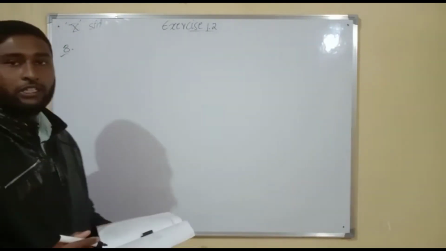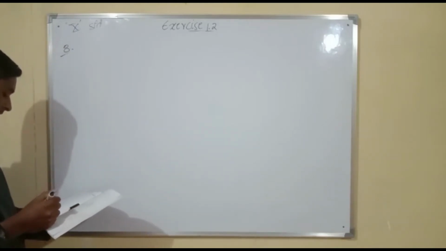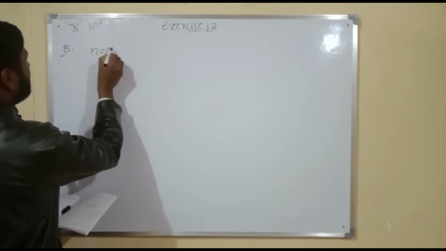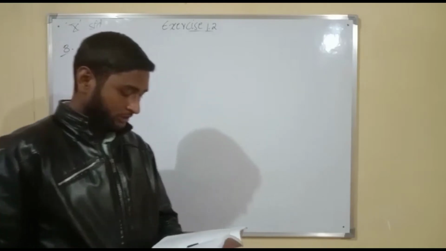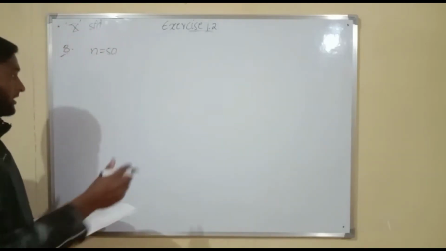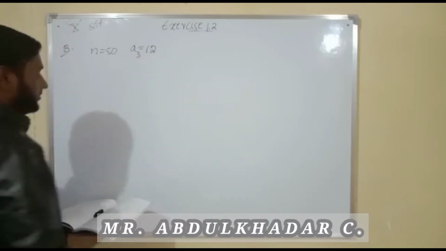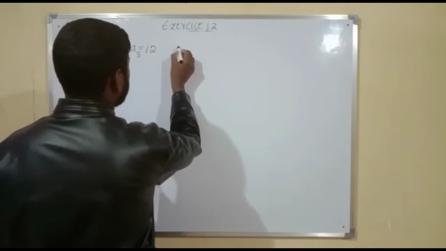Let me first write the given data. It is given that an AP consists of 50 terms, so n is equal to 50. The third term is given as 12, A3 is equal to 12. And the last term is given as 106.